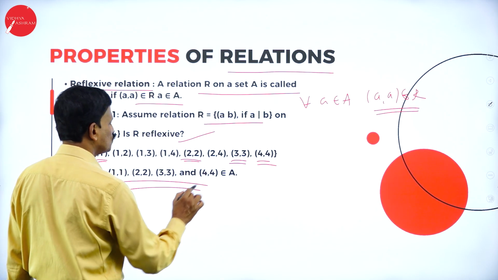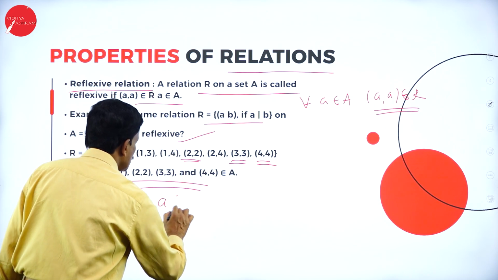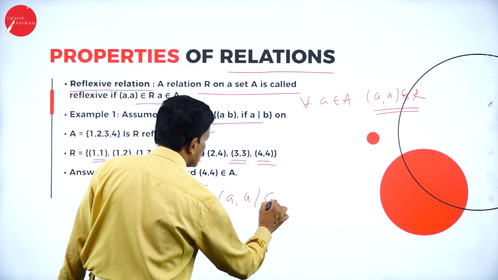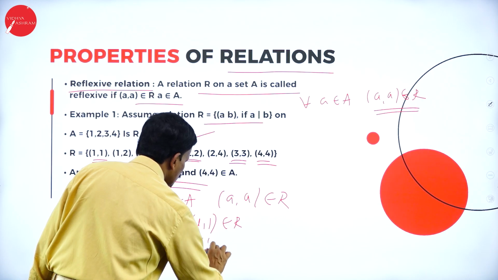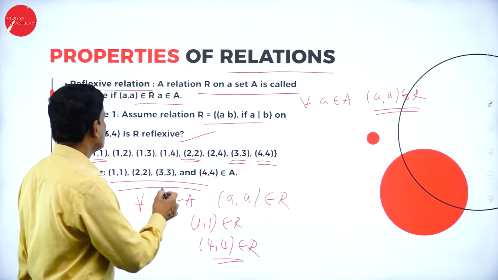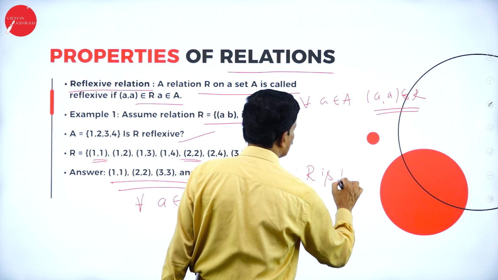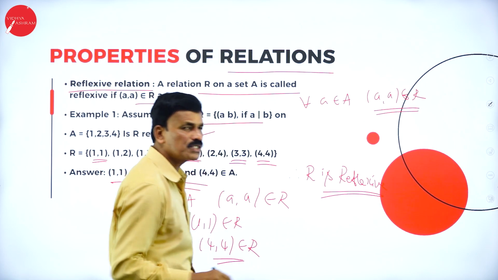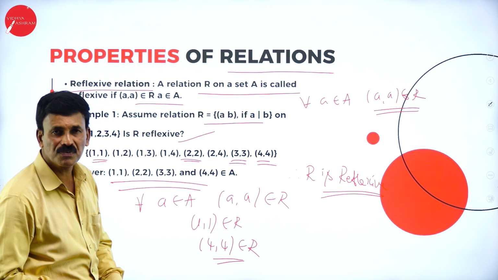So, (1, 1), (2, 2), (3, 3), (4, 4) are all there. That is, for all a belongs to A, (a, a) belongs to R. That is, (1, 1) belongs to R and similarly (2, 2), (3, 3), (4, 4) all belong to R. Therefore, R is reflexive; the reflexive property is satisfied.